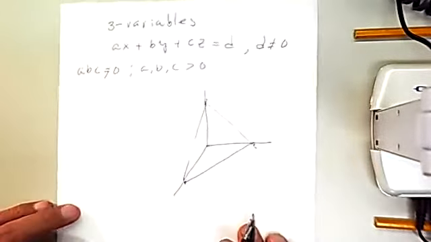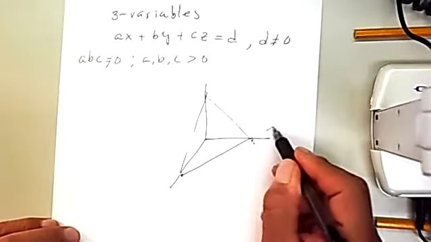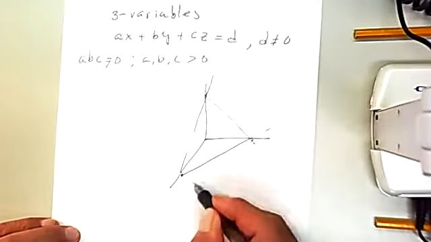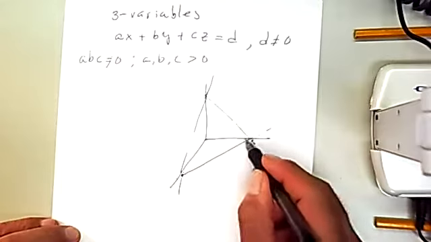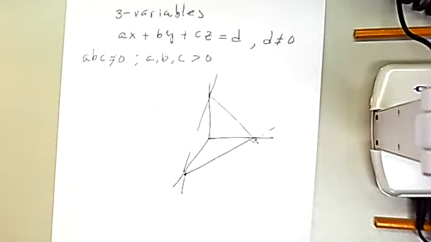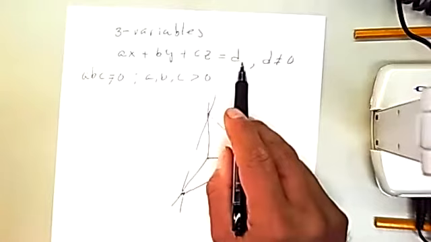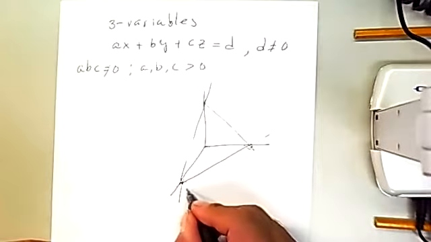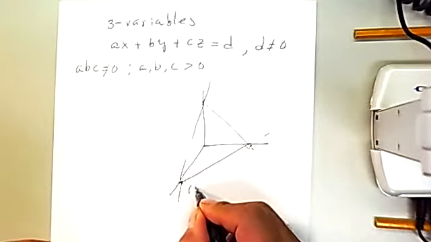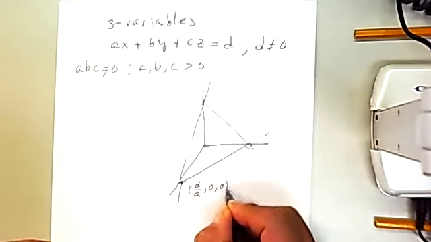that looks like this. Well, again, this is not the whole plane. The plane actually extends in every direction, up, down, in every direction. This is just one portion of the plane in the first octant. So the intersection here would be D divided by A. So that intersects at D over A comma 0, 0.